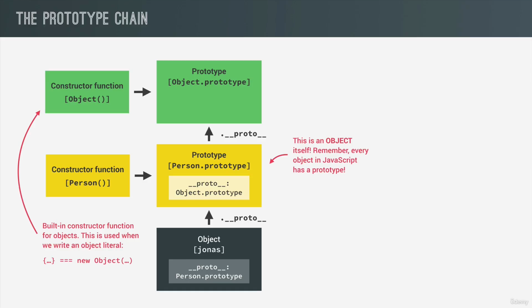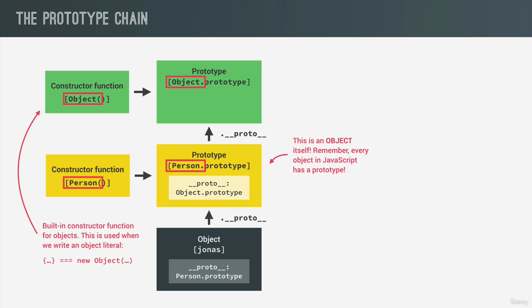Okay? But anyway, what matters here is that Person.prototype itself needs to have a prototype. And since it has been created by the Object constructor function, its prototype is going to be Object.prototype. It's the same logic as with the Jonas object. So since Jonas has been built by Person, Person.prototype is the prototype of Jonas.